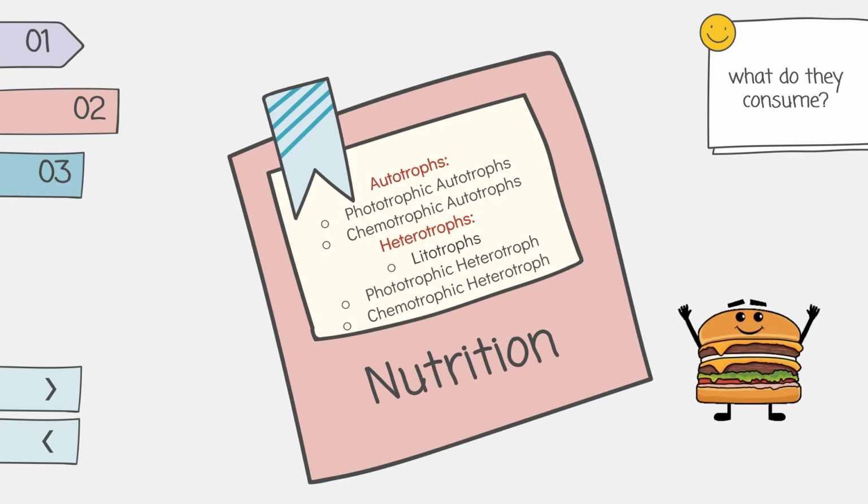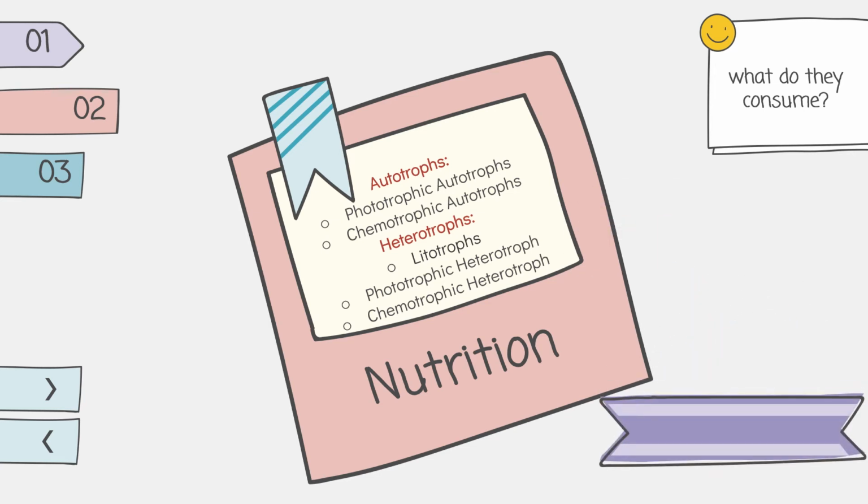Lithotrophs are rock eaters which obtain energy by oxidizing inorganic materials. Phototrophic heterotrophs are bacteria that take in sunlight for energy, and chemotrophic heterotrophs take in and break down organic molecules.